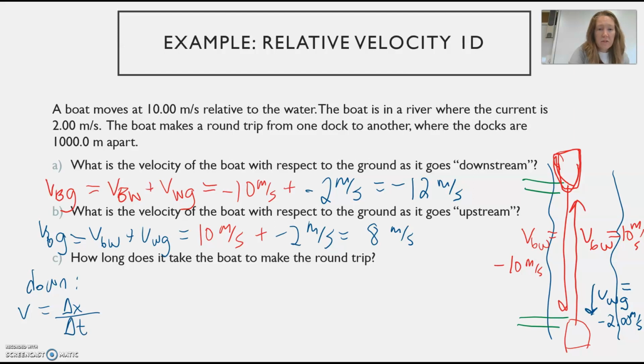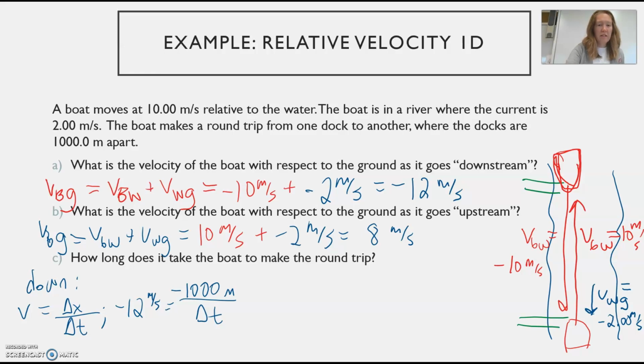So I've got a velocity of -12, going south, -1,000 over the change in time. So multiply both sides by delta t, divide both sides by -12.